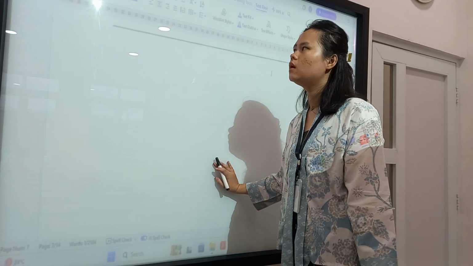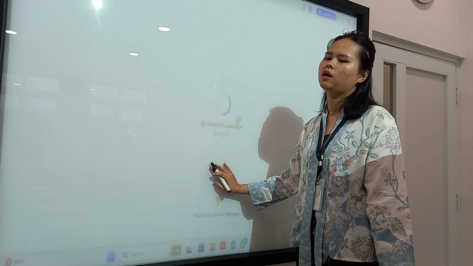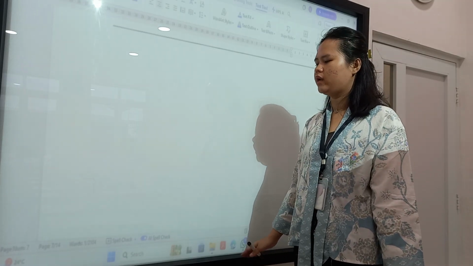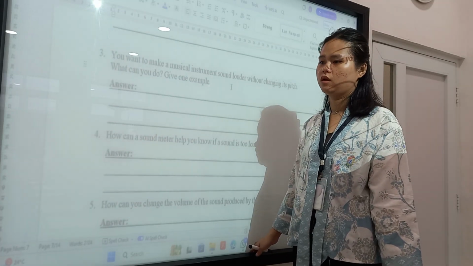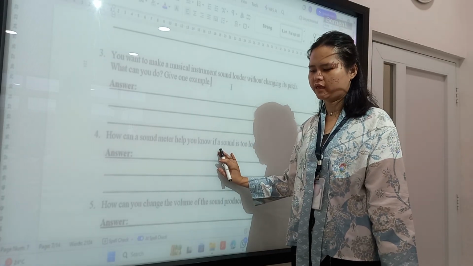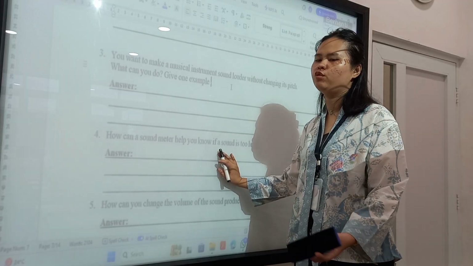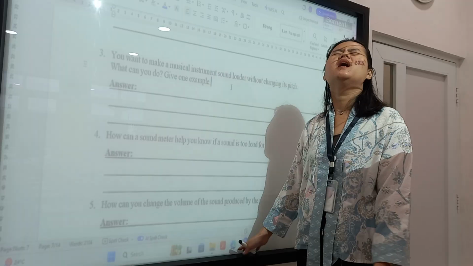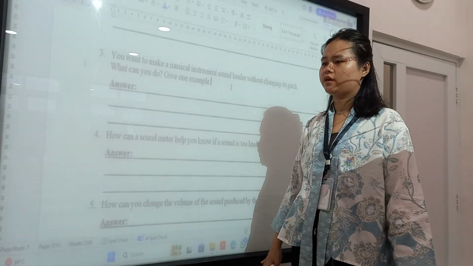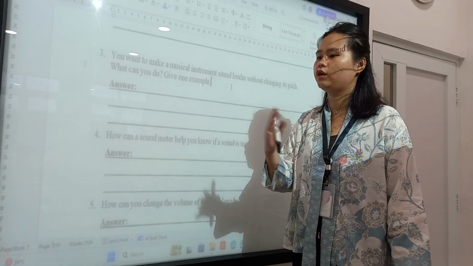Okay. The volume is how loud the sound is, but the pitch is how high or low you hear the sound. I mean the note. An example I can give you is water in glasses. If you have four glasses and fill them with different amounts of water, the sound will be different. That is pitch, because they have different notes.